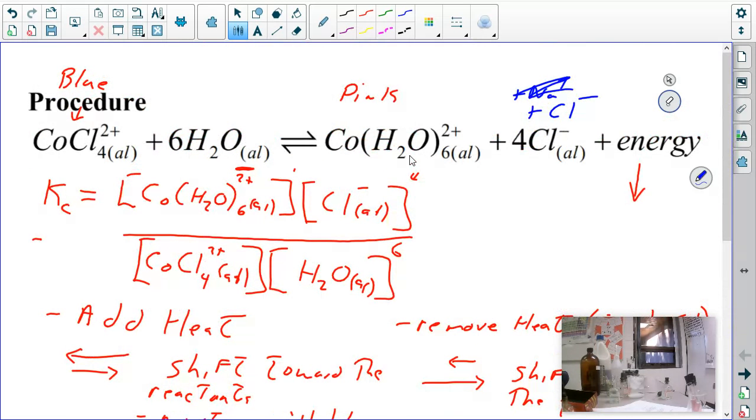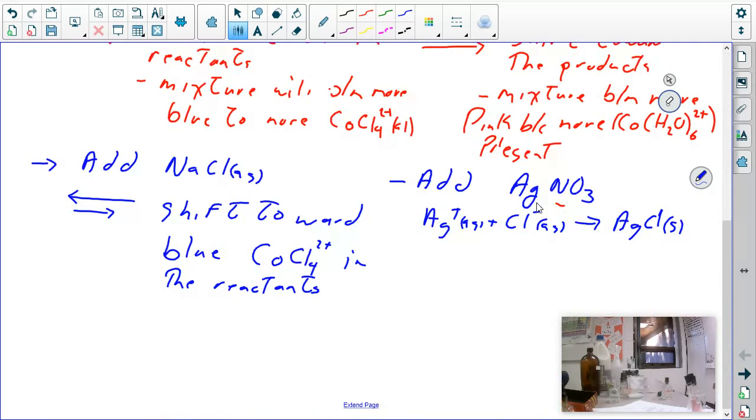So what we're doing here is we're removing that. Okay, so use the solubility chart if it's not there. So removing the chloride ions, turning it, as I said, into silver chloride.